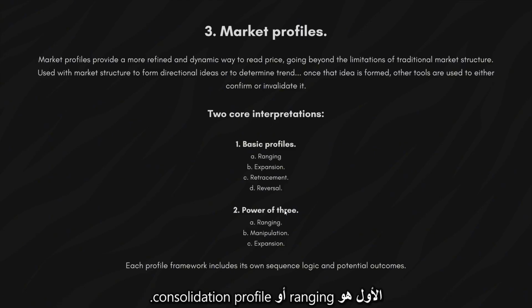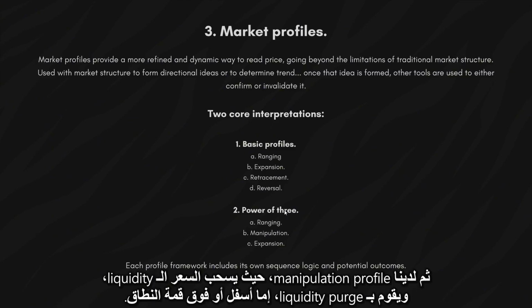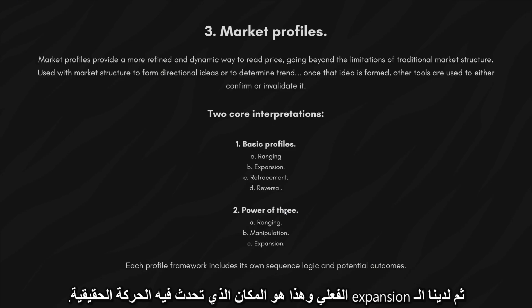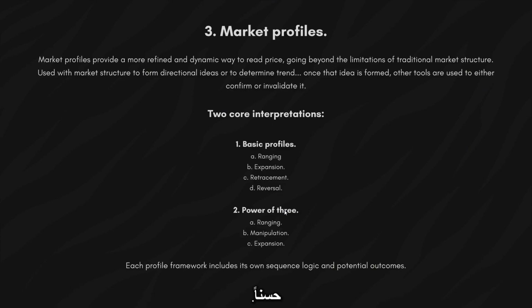The first one is the ranging or consolidation profile. Then we have the manipulation profile, where price takes out liquidity, either below or above the range high. And then we have the actual expansion, and that's where the real move occurs, right?